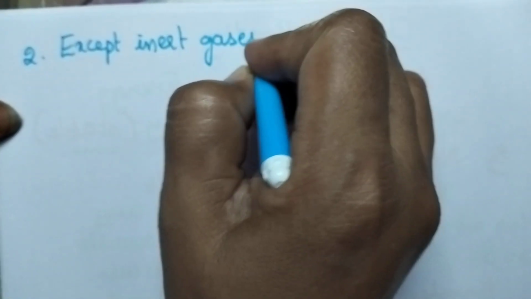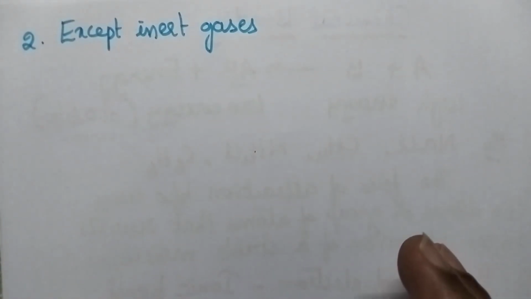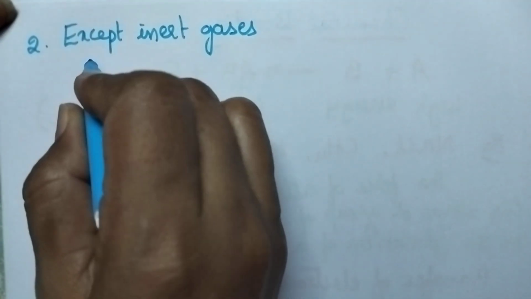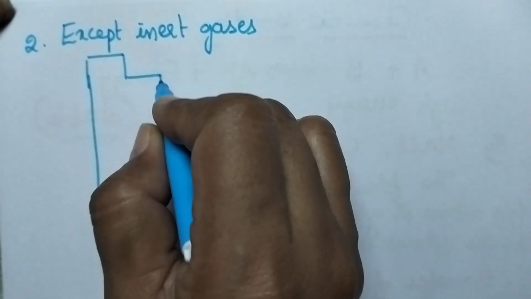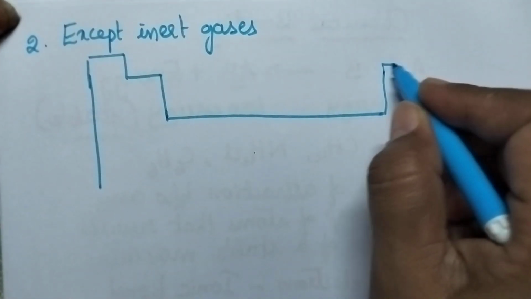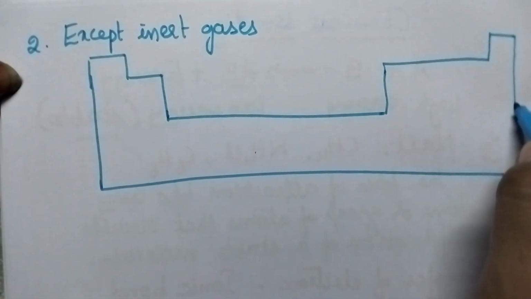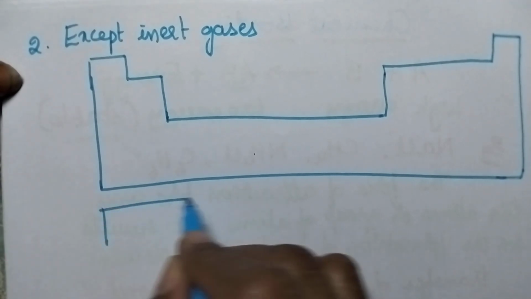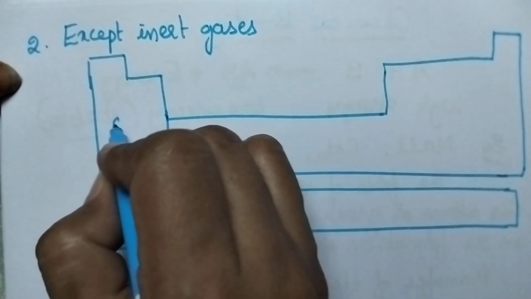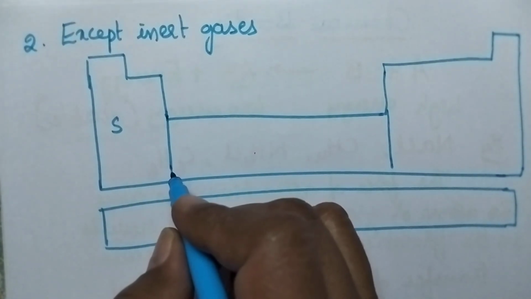So once again, if you consider the atoms present in the periodic table, let us have a rough draft of the periodic table.